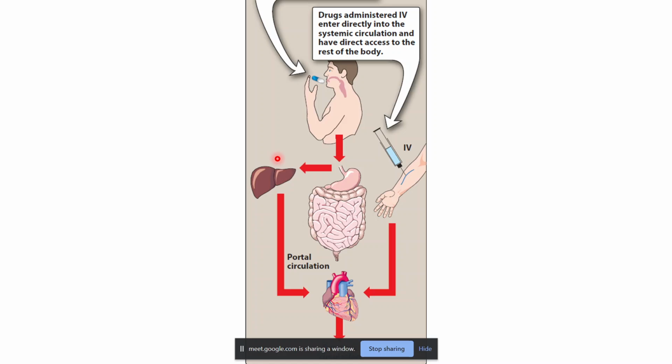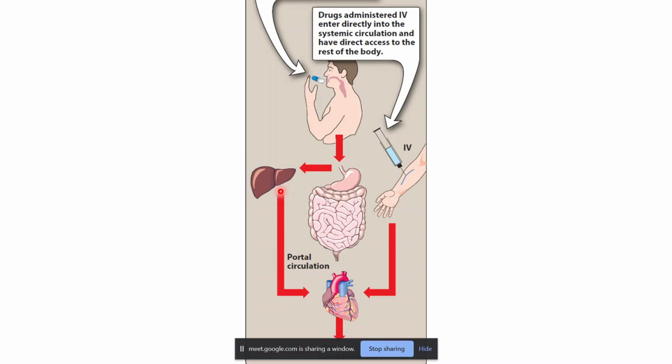In the liver, the drugs are metabolized, and sometimes they are metabolized very fast and they are inactivated. And that is why this is called first pass metabolism. Sometimes they are inactivated more than half or even almost everything.